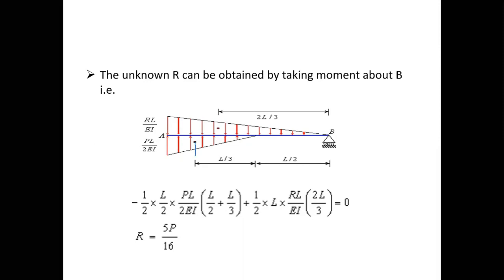So, class, I think you would have understood this concept of analyzing a determinate structure using the conjugate beam theorem. In the upcoming video, we will discuss the method of integration for the analysis of the propped cantilever beam. Thank you, class.